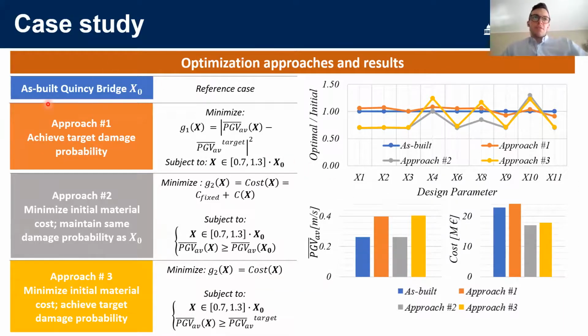In my case, I started from the Quincy bridge that I presented in the beginning, and I considered the parameters of that bridge as starting parameters. Then with the optimization process, I find the first solution that satisfies all the conditions that I set, achieved by means of a minimum variation in these parameters.